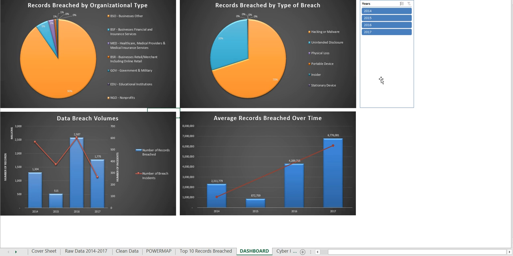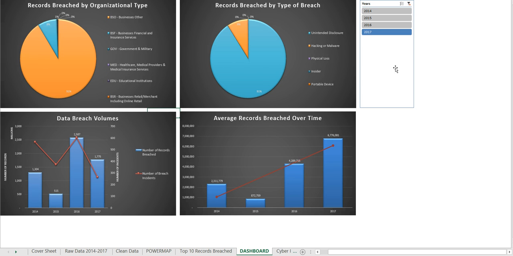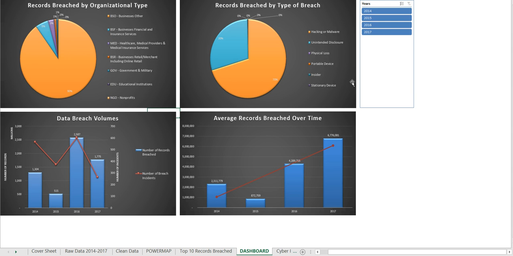And the beauty of the slicer is that it can be used to update both graphs at the same time. Overall, we can see that businesses experience the most data breaches, and they are usually due to hacking or malware and unintended disclosure.